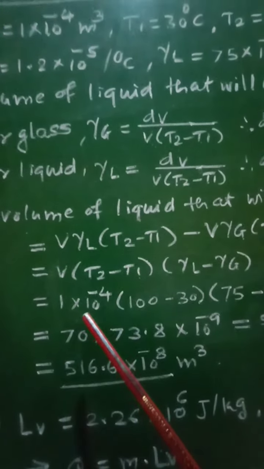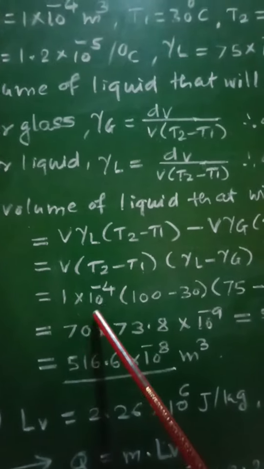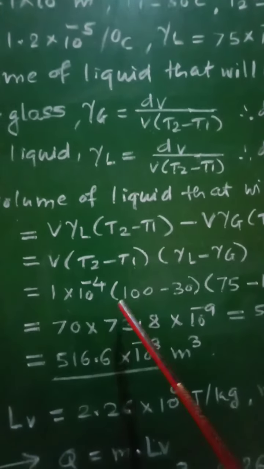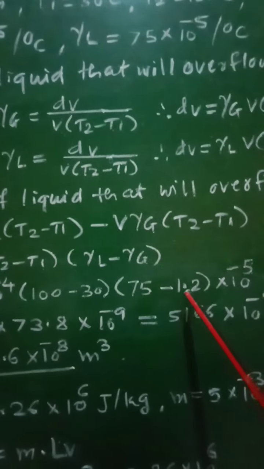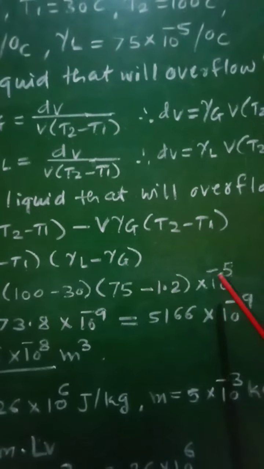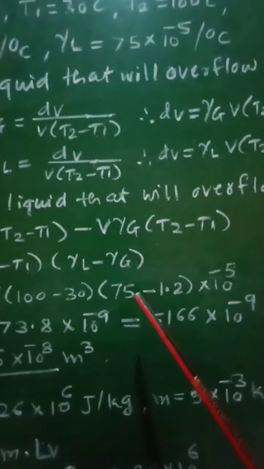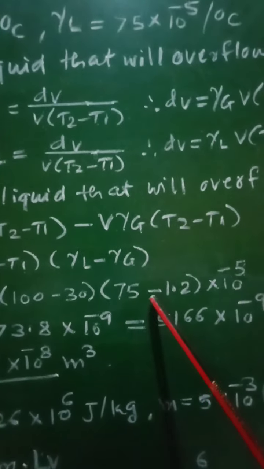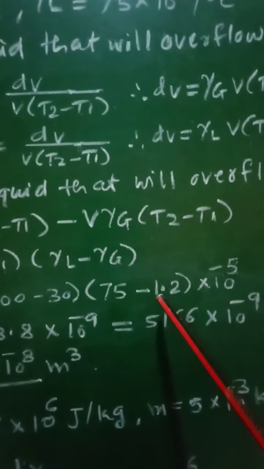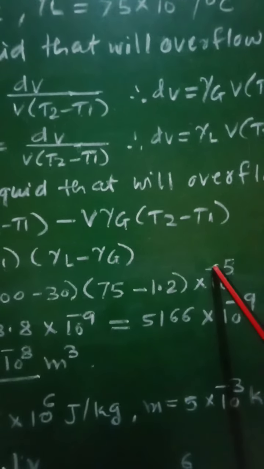Now putting the values, we will get 1 into 10 raised to minus 4 into 100 minus 30 into 75 minus 1.2 into 10 raised to minus 5. Here gamma L minus gamma G is 75 into 10 raised to minus 5 minus 1.2 into 10 raised to minus 5.